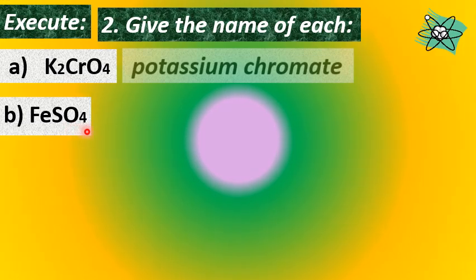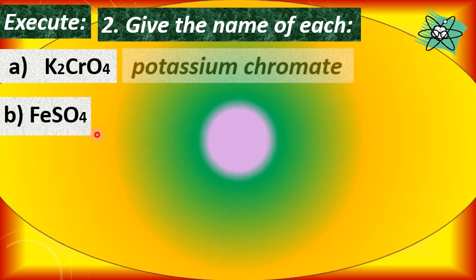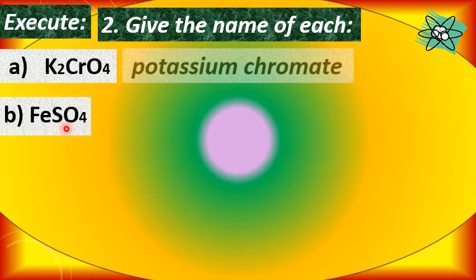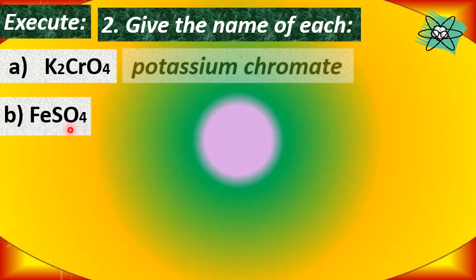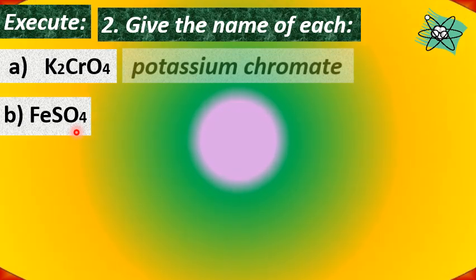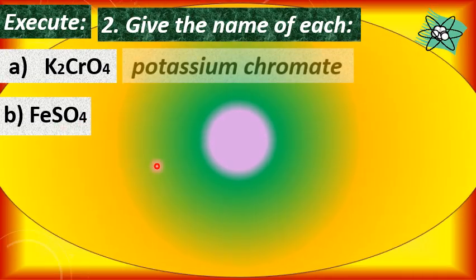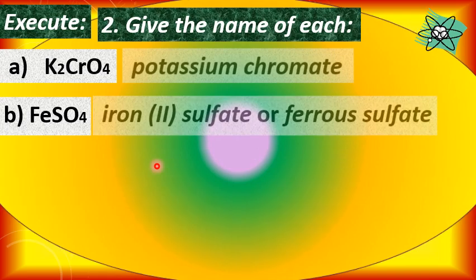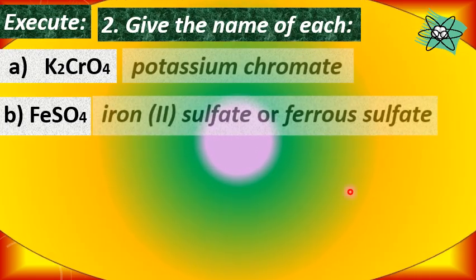So these subscripts 2 are disregarded, and the formula is simply written this way. And since the lower ionic charge of positive 2 is used for iron, this must be called iron Roman numeral 2 sulfate or ferrous sulfate.